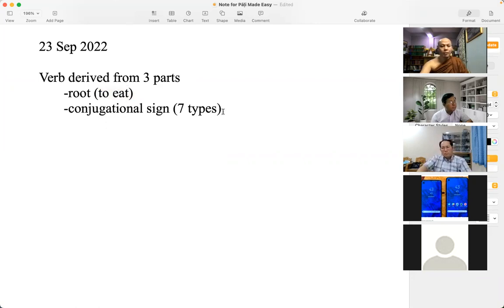And then the last part is what we call the verb termination, or verb ending.